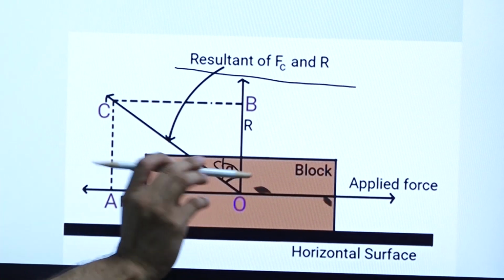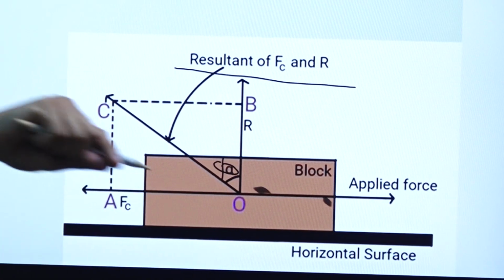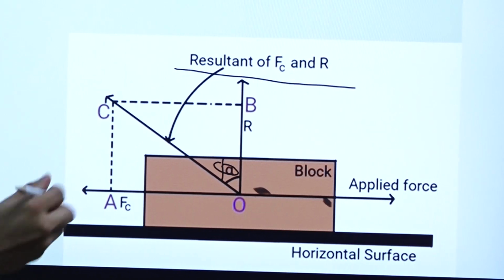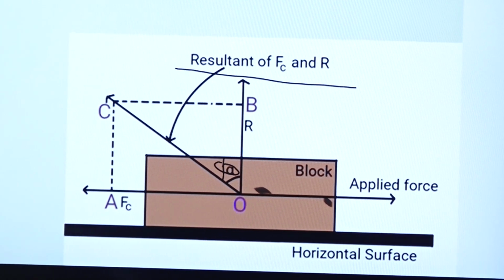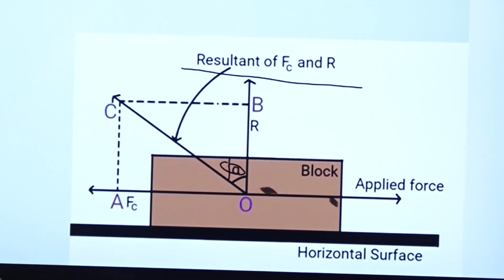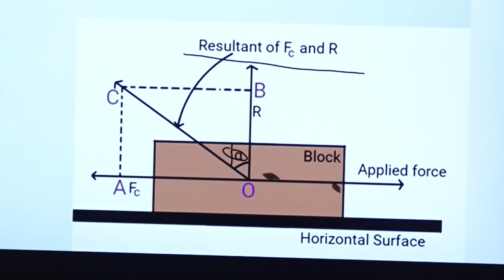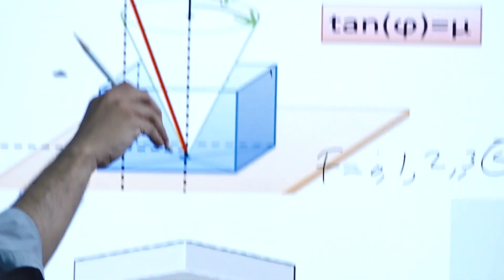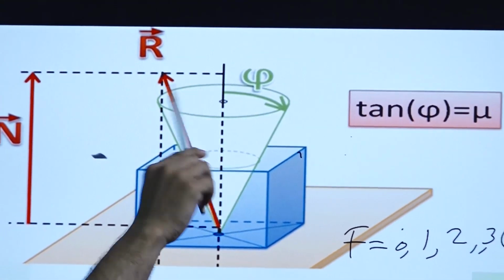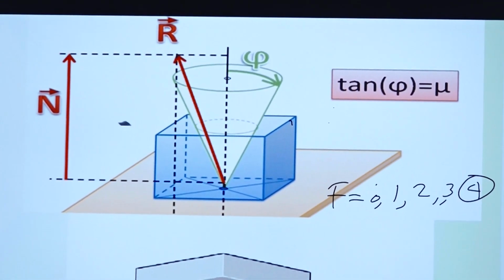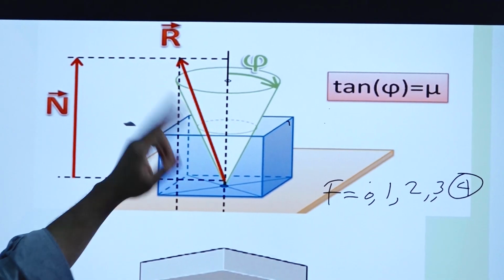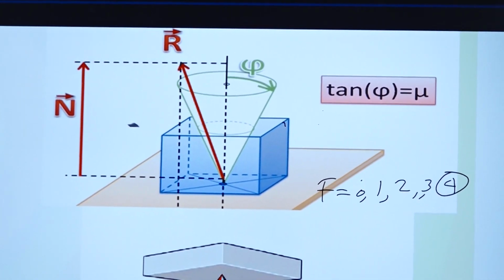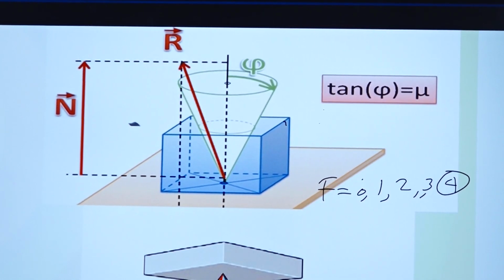And if the applied force is just moved around, this reaction force will make a cone, which you can see in the next slide. This cone is called the cone of friction. That is only for better understanding.